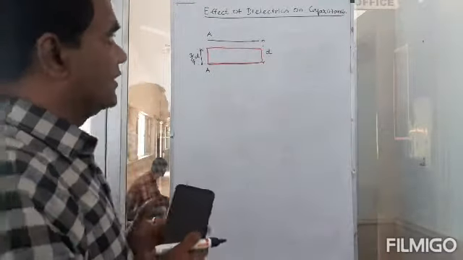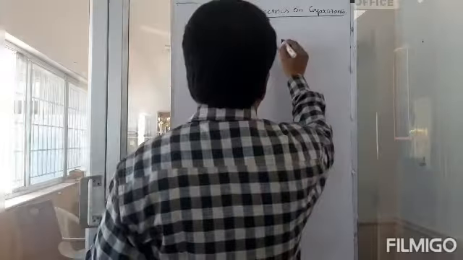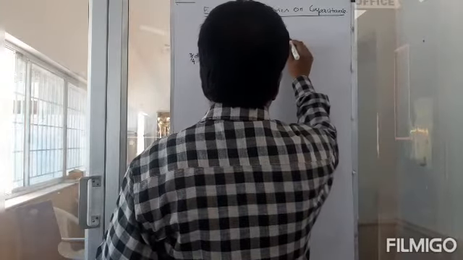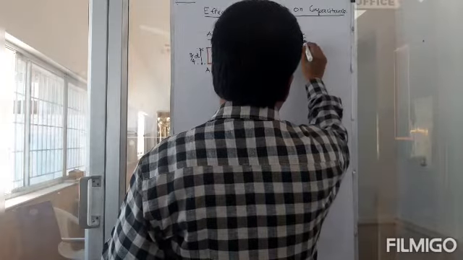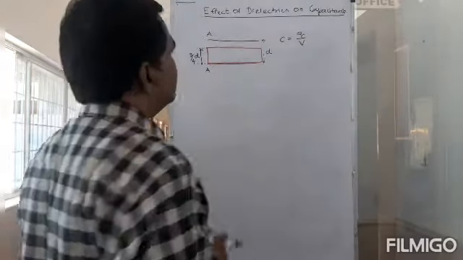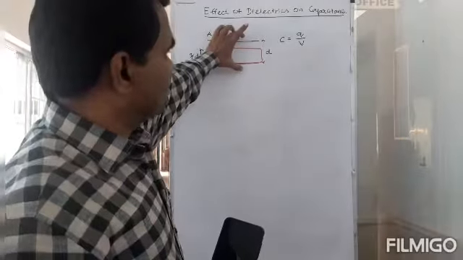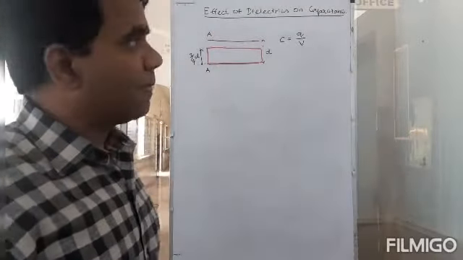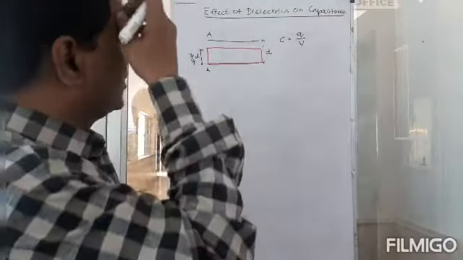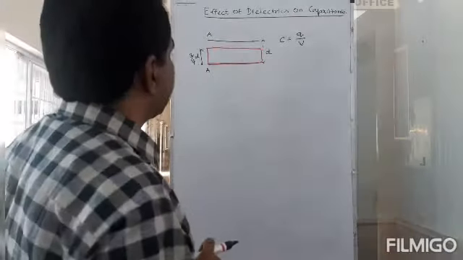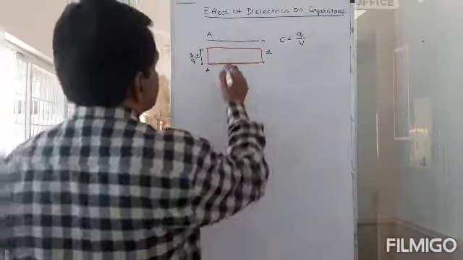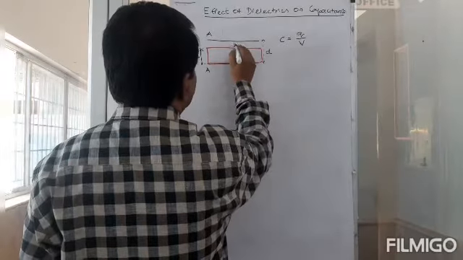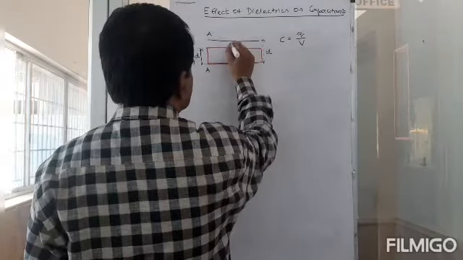So how do we find the capacitance? Well, the capacitance now is equal to Q by V, the potential between the two plates, right? Now let's see what the potential between the two plates is going to be. Let's see what E is going to be in this space.